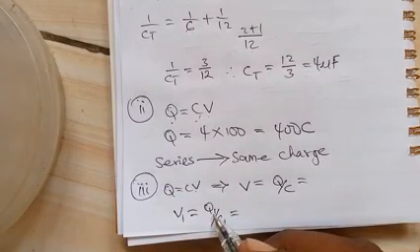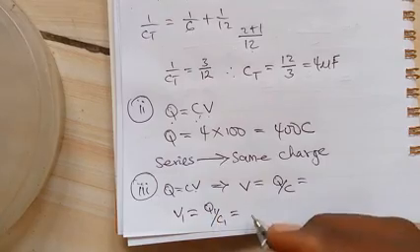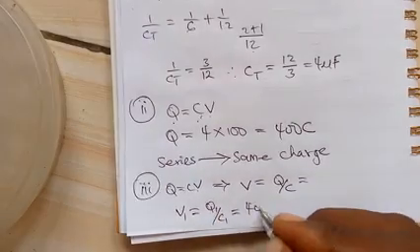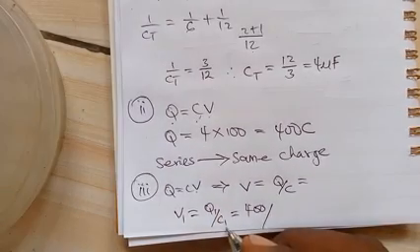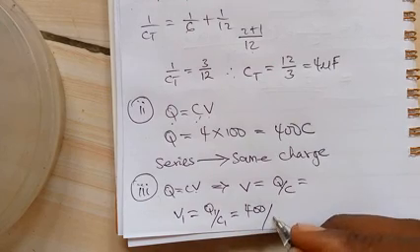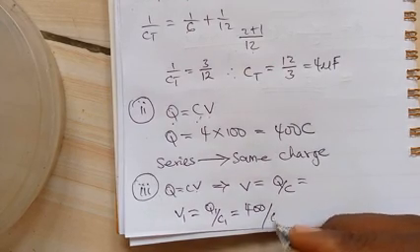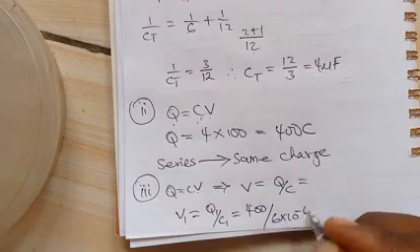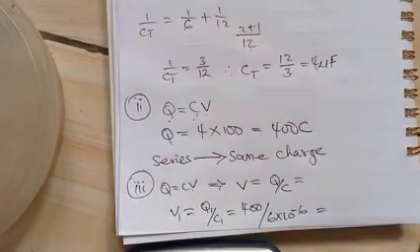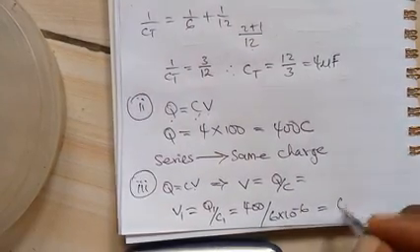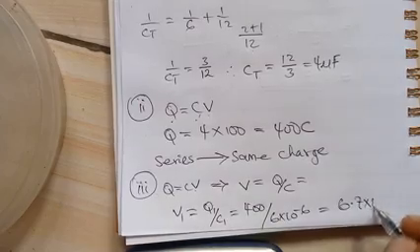The charge is 400 divided by the first capacitor, 6 microfarad, which is 6 times 10 raised to power minus 6. It will give us 6.7 times 10 raised to power 7 volts.